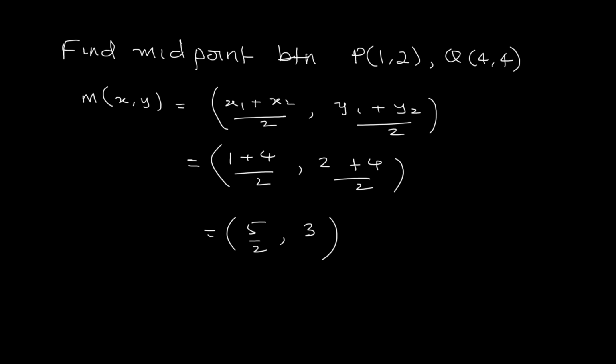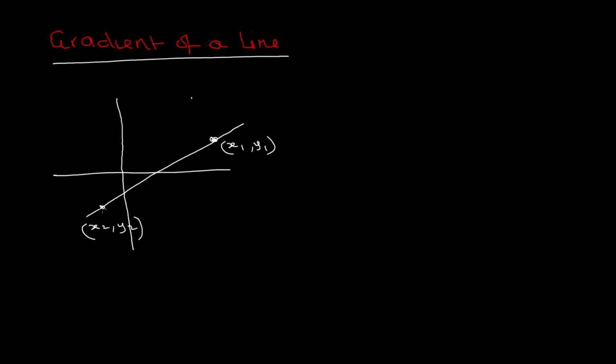So now another important concept is the gradient of the line. The gradient of the line is called m, and it's really just y over x, sort of. You need to think of it in terms of your displacement in the y-axis over the displacement in the x-axis.